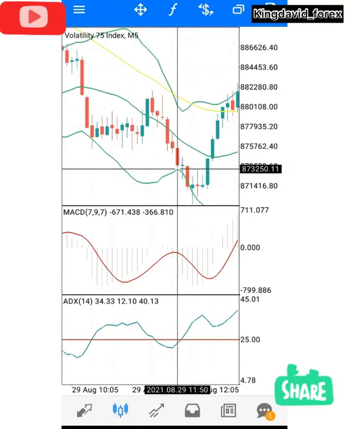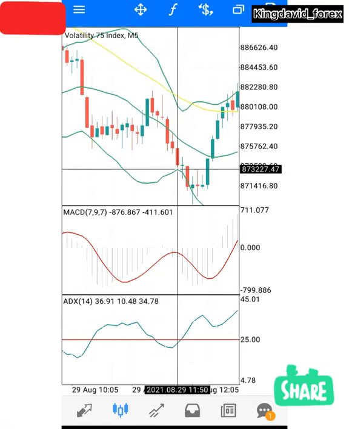If you must not take your profit, please lock your profit. And if you don't understand how to lock your profit, probably I'll do a video on that. Locking your profit is very simple, just setting your stop loss at this lower Bollinger band.